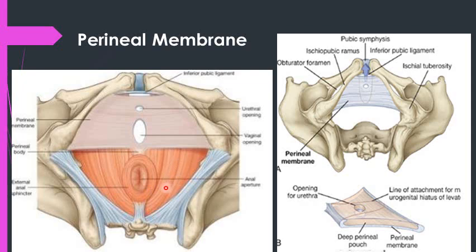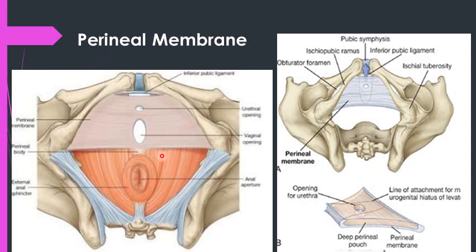So please remember this picture. Keep it in your mind that more posteriorly this membrane is not present, so the anal canal is not at all passing through the perineal membrane.